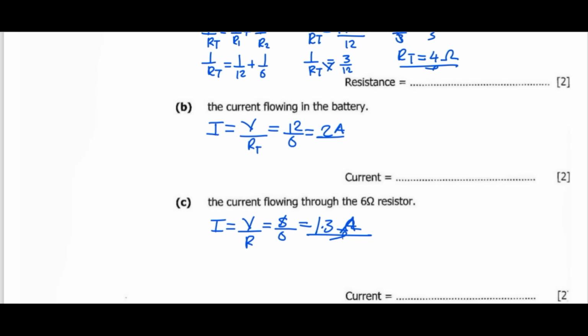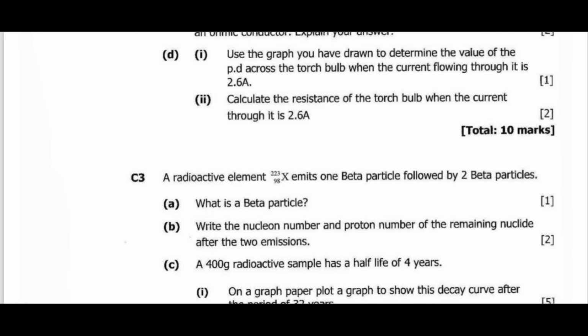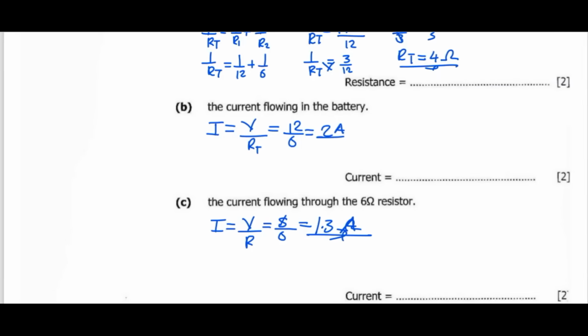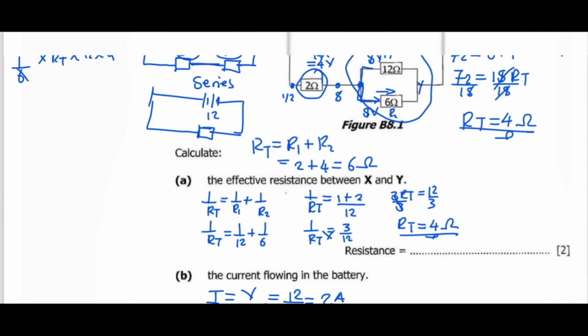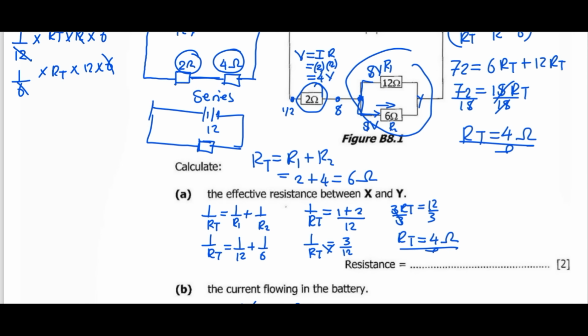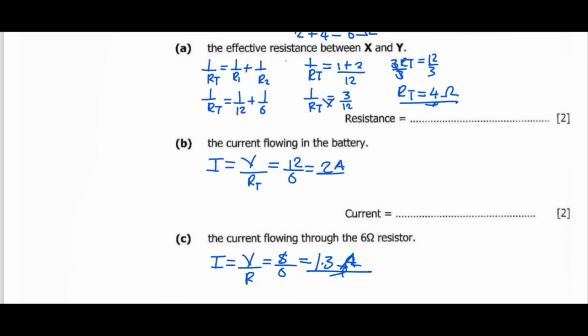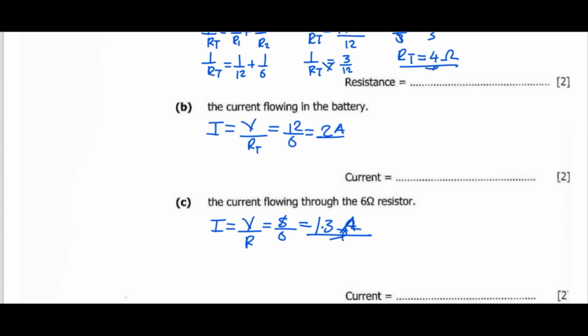Now if 1.3 is going through the 6, what is the current that is going through the 12? To find that, we can just say total. We know that the total current is 2, so 2 minus 1.3 is 0.7.